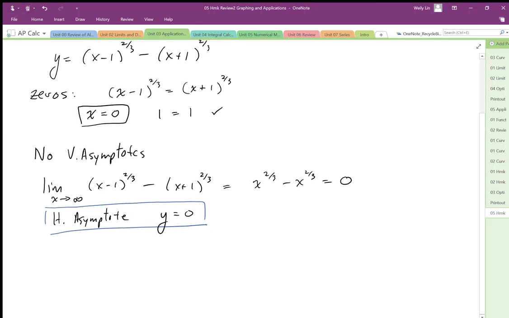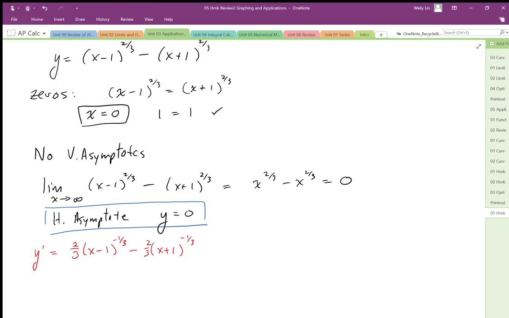So let's take a look at the first derivative. The first derivative is going to be 2 over 3 (x minus 1) to the negative 1/3 minus 2 over 3 (x plus 1) to the power negative 1/3. Now we've got a negative power which is generating a denominator, so we're going to have some restrictions here.